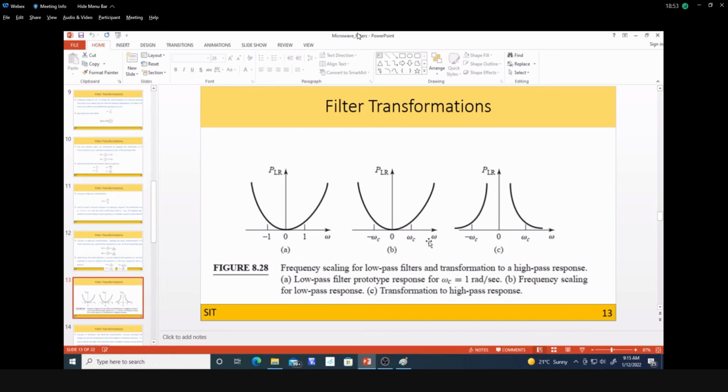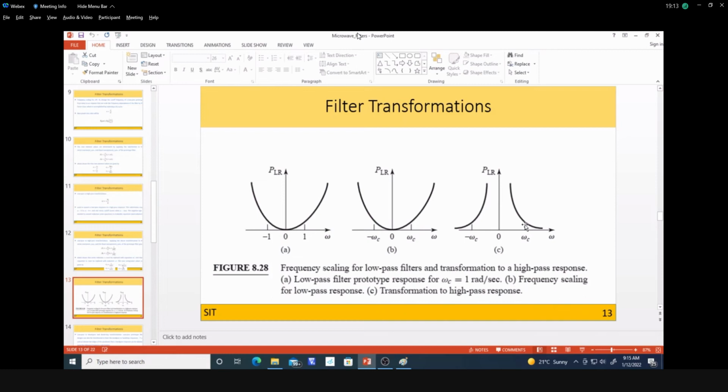Then we transform from low pass to high pass. When we transform low pass to high pass, it gives this curve after transforming the elements in both frequency as well as impedance. This is how we convert low pass to high pass transformation.